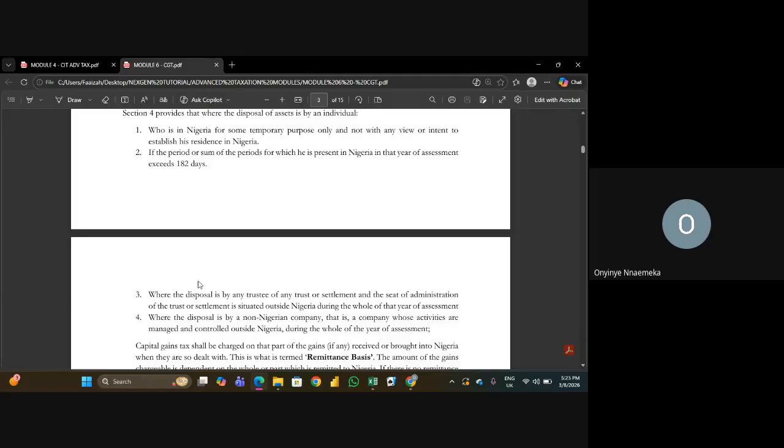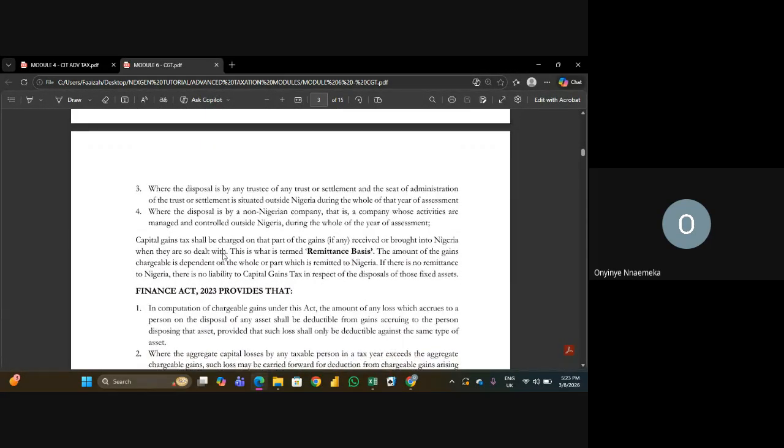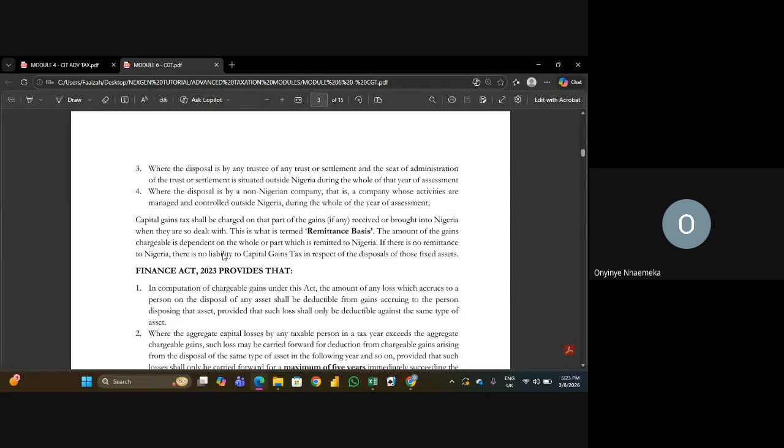Number three, the disposal is by a trustee. I believe we all know who a trustee is, right? And the trustee is not in Nigeria for that particular year of assessment. And the last one is where the disposal is done by a non-Nigerian company. So CGT shall be taxed on that part of the gain received or brought into Nigeria when they are so dealt with.